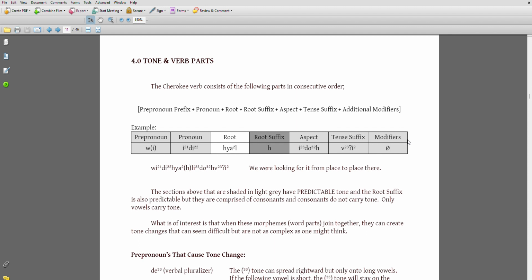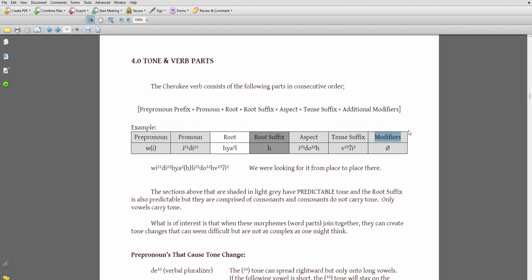So the sections above that are shaded in light gray have predictable tone. So the pre-pronoun, the pronoun, the aspect or conditional suffix, the tense suffix, and the modifiers. Those sections all have predictable tone that do not change. They're all well documented, and there is nothing that changes their base tone or their default tone.